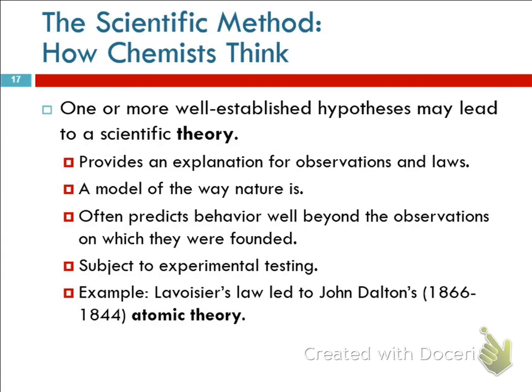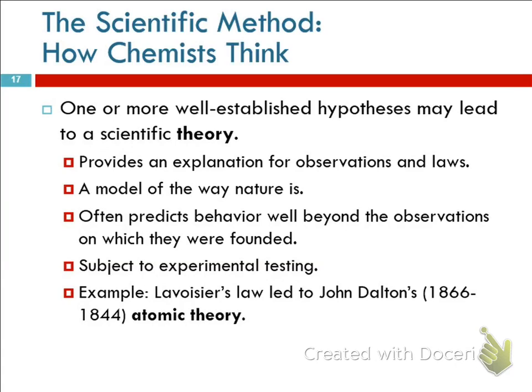The hypothesis can lead to a scientific theory. So we've got a well-established hypothesis that lots of different people have tested, and everybody agrees, yeah, this seems to be how it is. This seems to be the best explanation for what's going on. Then it can become a scientific theory.